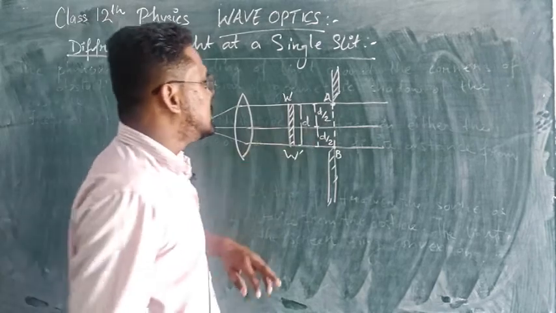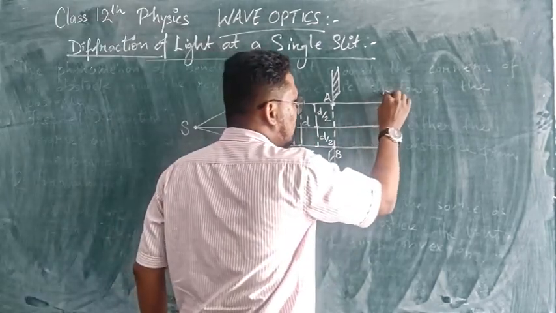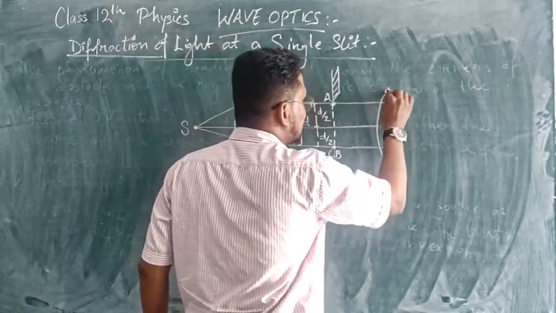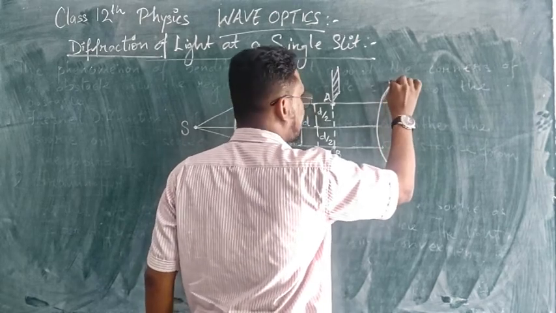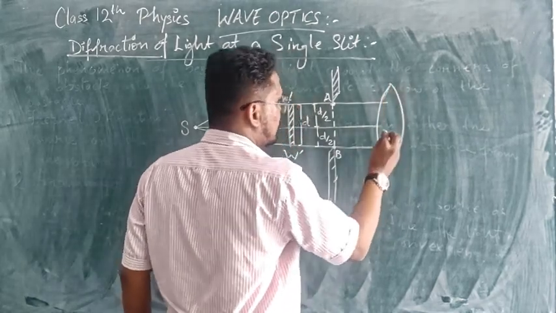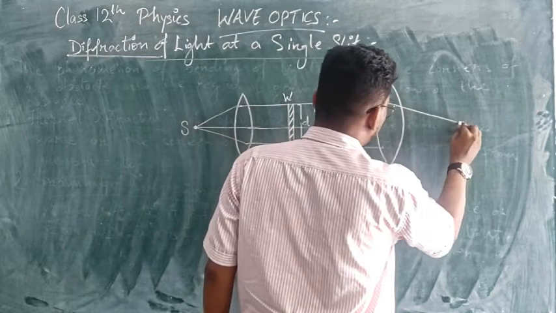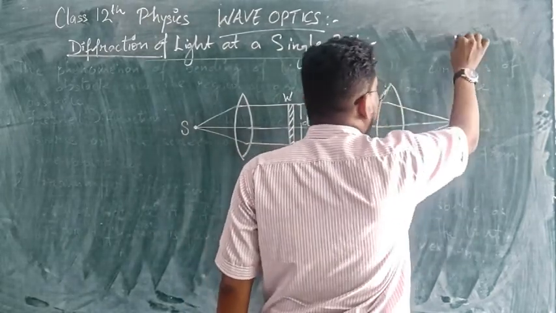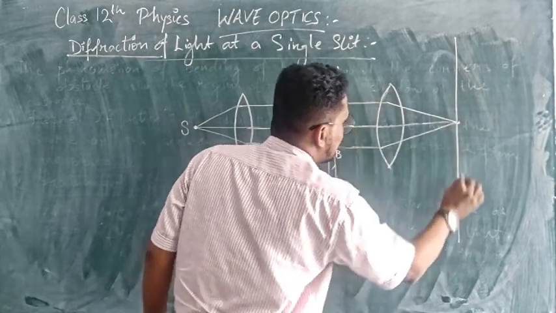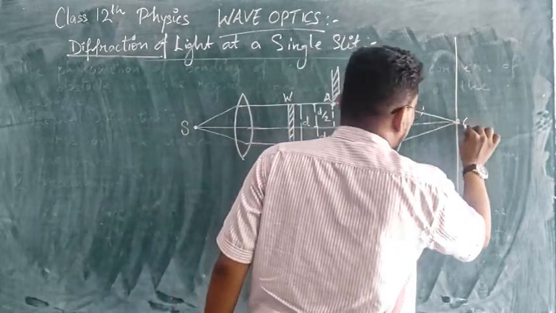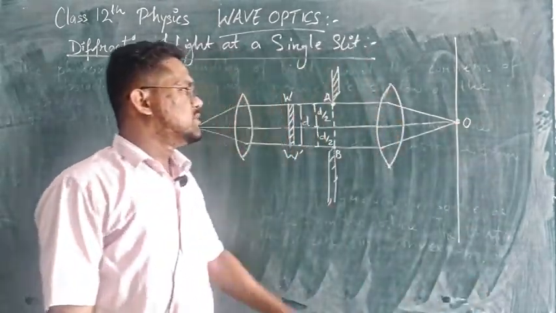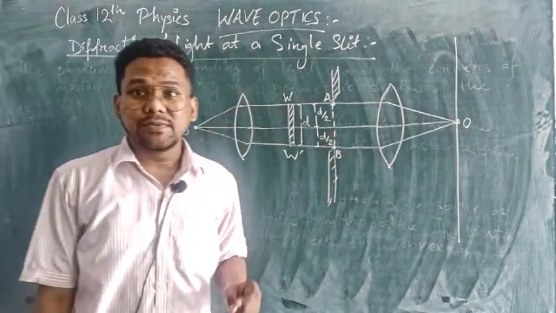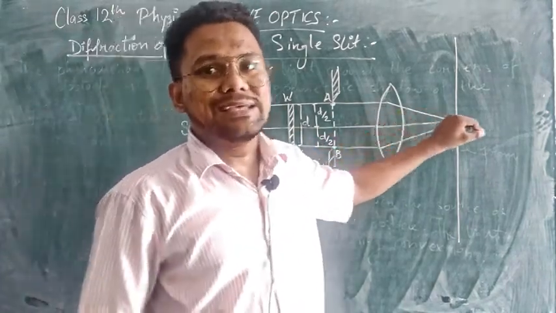If there were no slit, light would have gone to the next lens and then it would have merged to form a diffraction pattern at this point. Let me take this point as O. This O is the point of central maximum where the highest intensity will be.